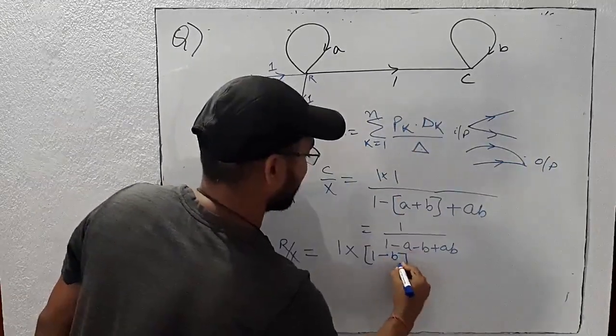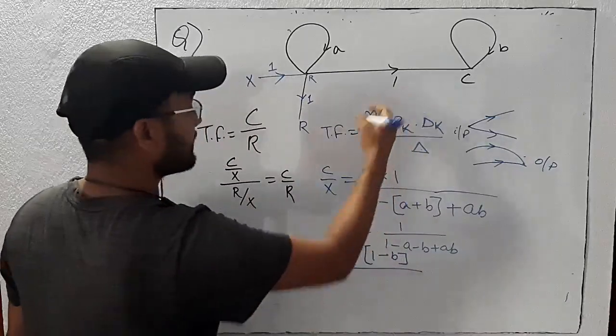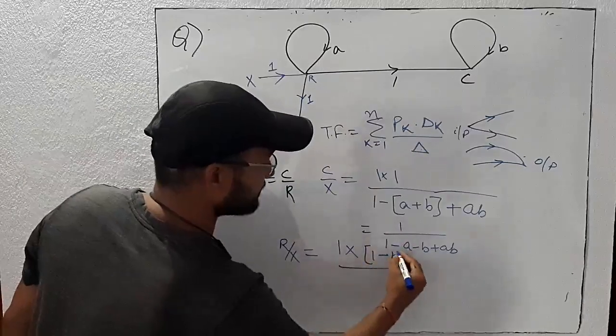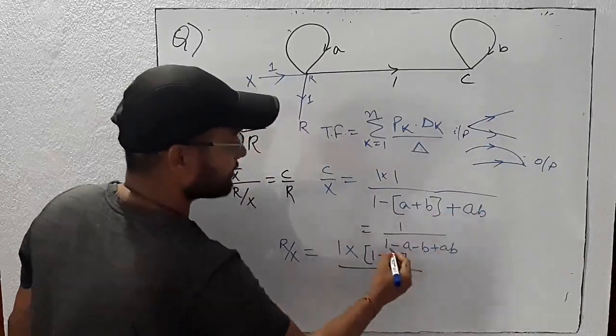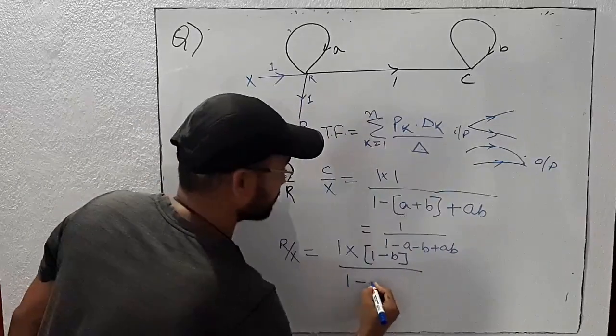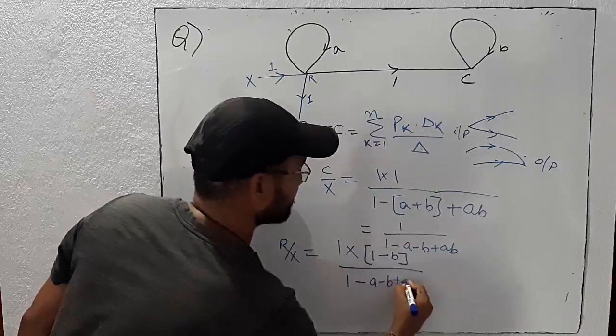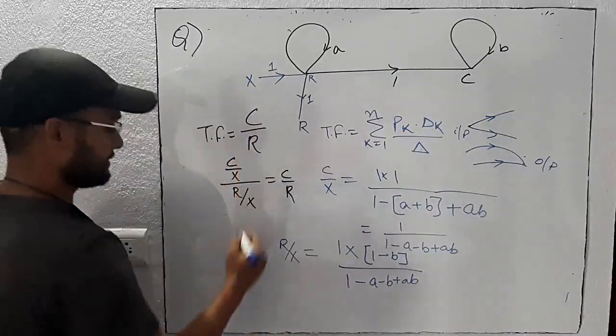And again the whole delta will be the same as what we found earlier for the signal flow graph, that is equal to 1 minus A minus B plus AB. Now we have to find C by R.